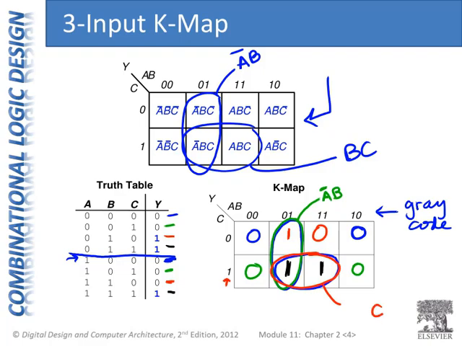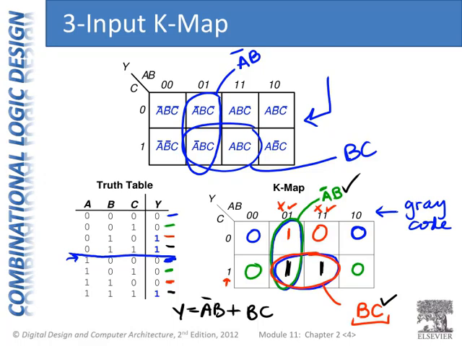And it has only the true form of B in it, but it has both forms of A in it, A bar and A, so it's just going to include B and C. Then we're going to OR those terms together. Y equals A bar B, that implicant, or B and C, this implicant.